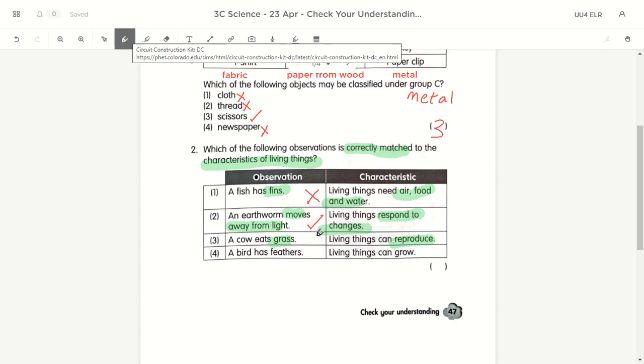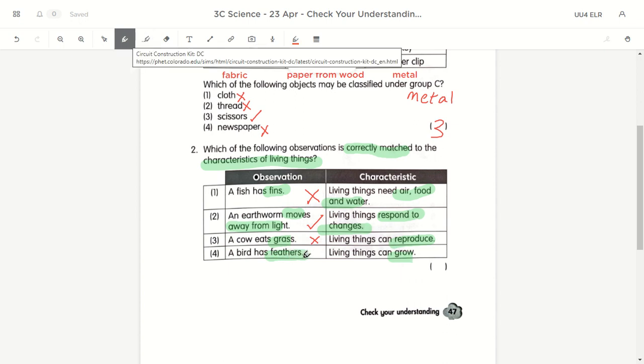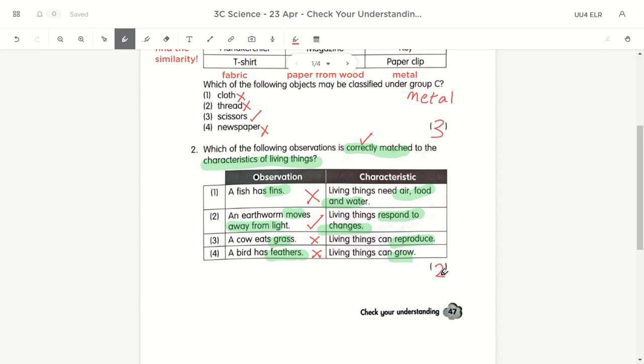Eating grass doesn't tell you that they can reproduce. And the last one, having feathers and growing doesn't have any link. One is about outer covering, one is about characteristics of living things. So it's wrong. So the only one that is correct is answer 2. Alright, so moving away from light is an example of responding to change. Okay, so answer is 2. Let's go to the next question.